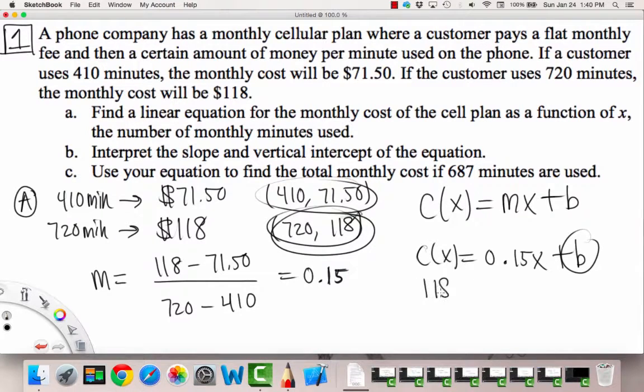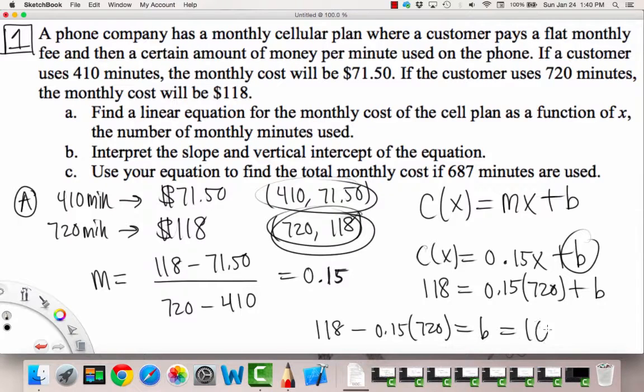So 118, the cost, is equal to 0.15 times 720 plus b. Solving for b, we get 118 minus 0.15 times 720 is equal to b, and this turns out to be an even 10. So now we have the slope, 0.15, and the y-intercept, 10.